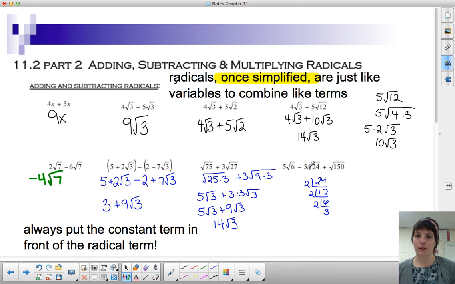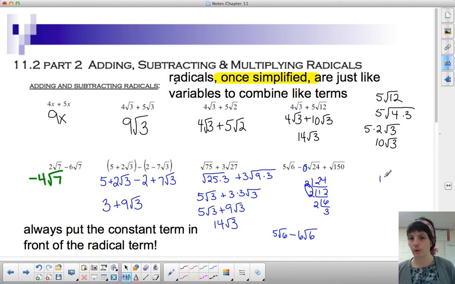And there's already a pair of 3s out there. So we have 5 root 6 is already there, minus 3 times 2. So this 3 is a pair already out there, and this 2 make a 6 on the outside. And on the inside, we have 2 times 3. That would be a 6 as well.